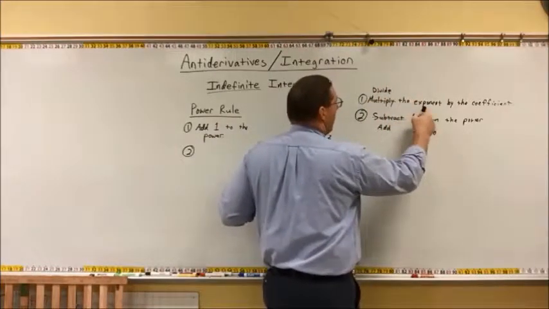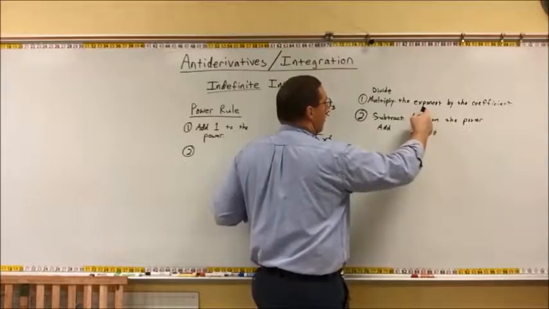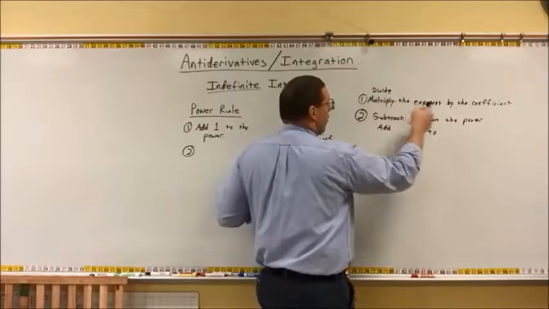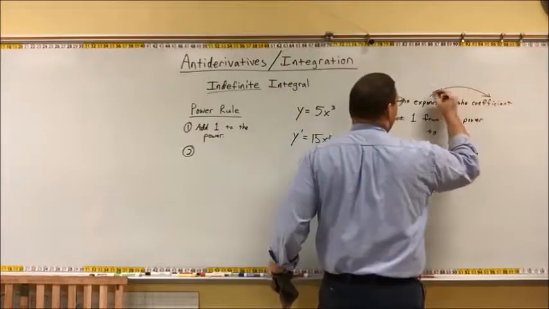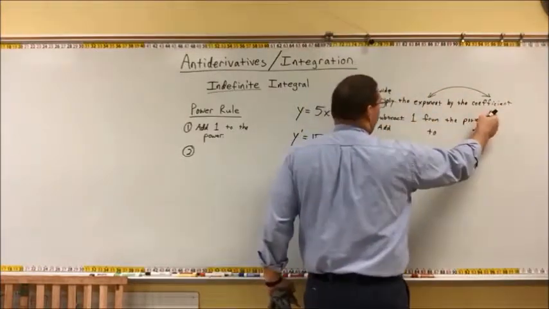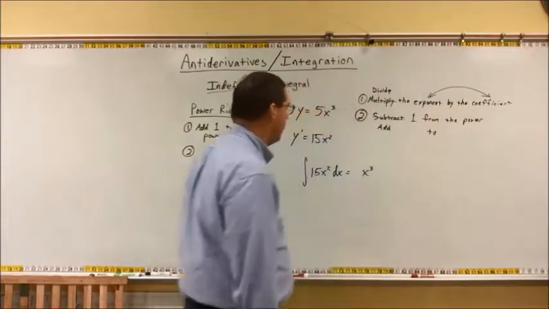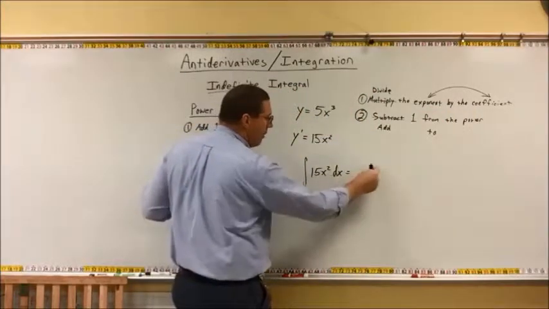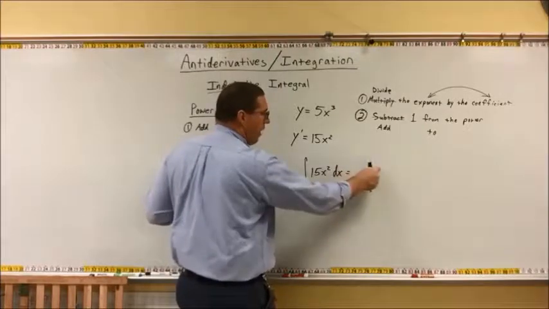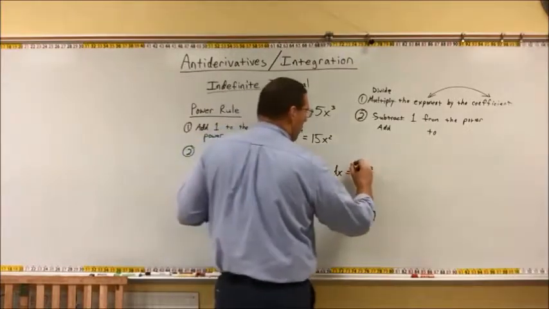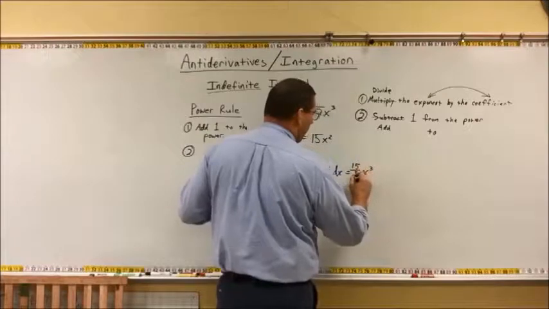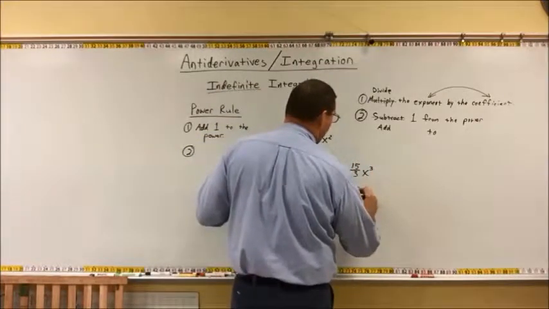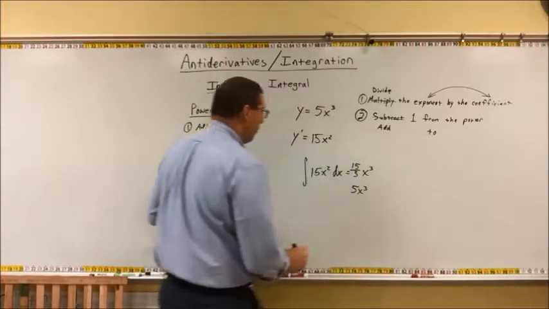That's right, we're going to do it the opposite. We're going to divide the coefficient by the exponent. Okay? So we have 15, and we're going to divide that by the new exponent. We're going to do 15 divided by 3. So 15 divided by 3 is equal to 5, right? So this is now 5x to the third power.